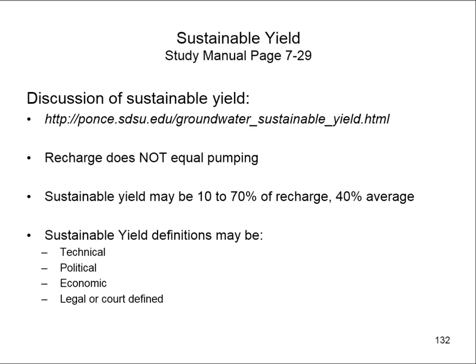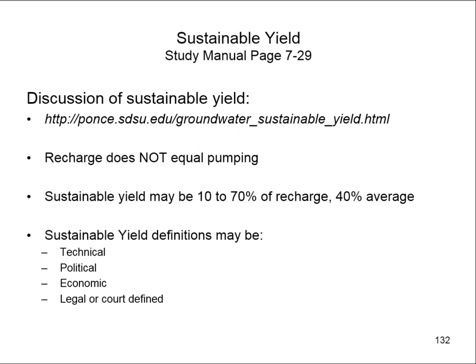And for a more detailed discussion of this, you might want to go to this website to understand it more fully. But the thing about this is that we have a lot of different pressures being placed on our aquifers.